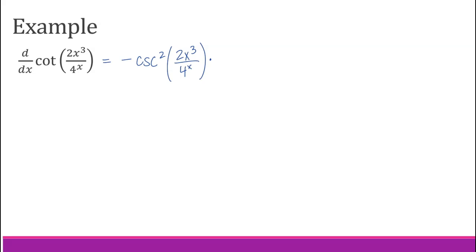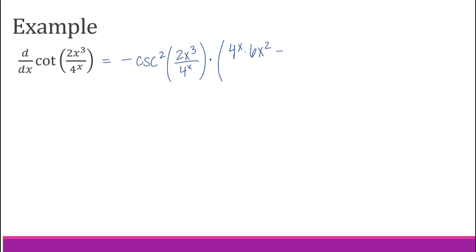Now times the derivative of the inside, but the inside is a quotient. And we could rewrite it so that it's a product, but let's practice the quotient rule again. So the derivative of this inside here by the quotient rule is going to be low d high. So low is 4 to the x. D high, the derivative of 2x cubed, is 6x squared.